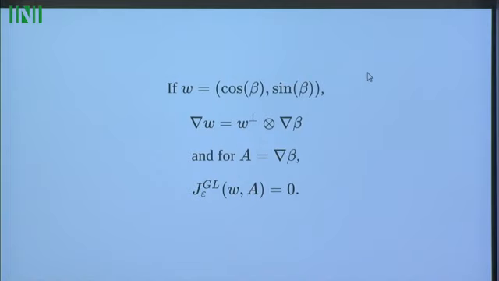So if there is no singularity, it's 0, and it does not depend on the value of W outside of the singularities. It depends only on the number of the singularities and maybe also on the respective position of the singularities in the domain, and nothing else. So it's exactly what we want.